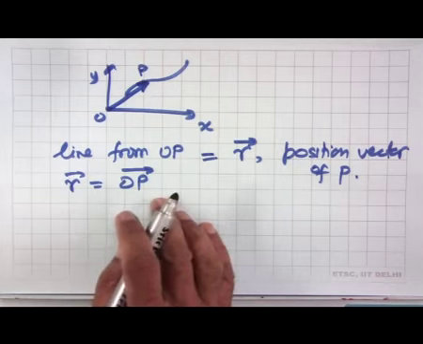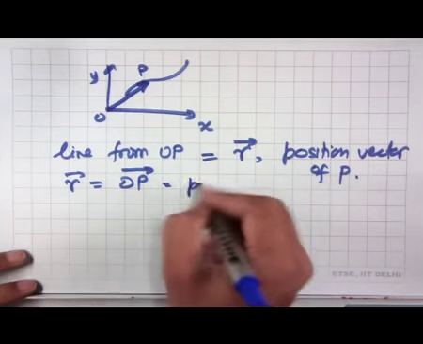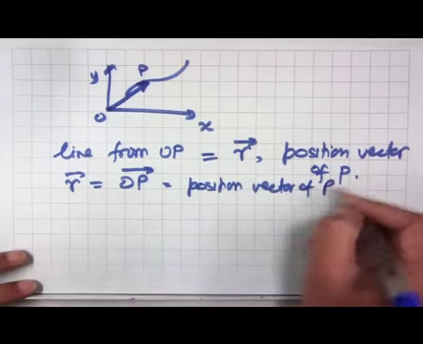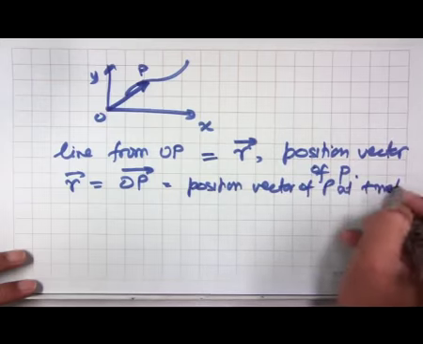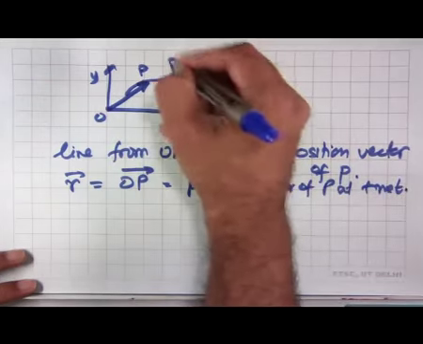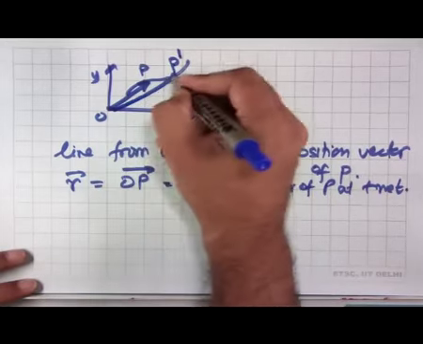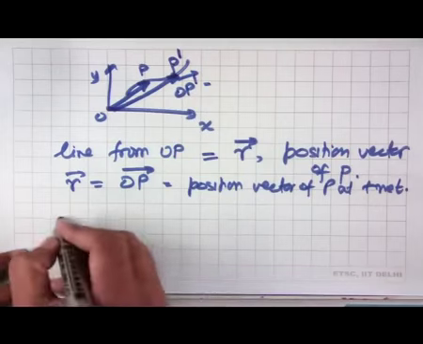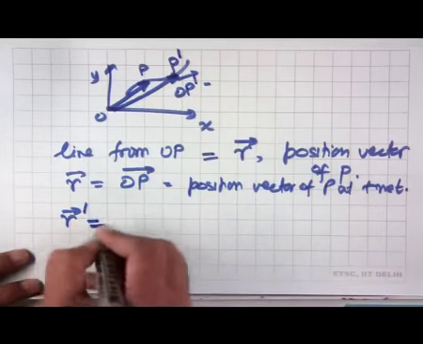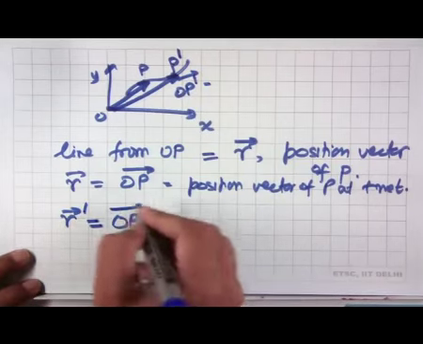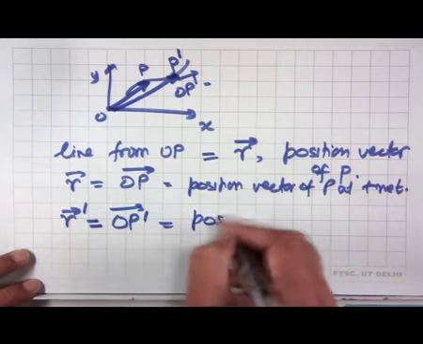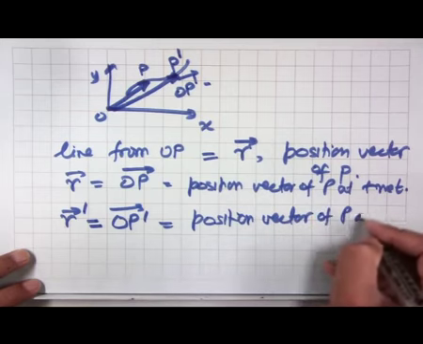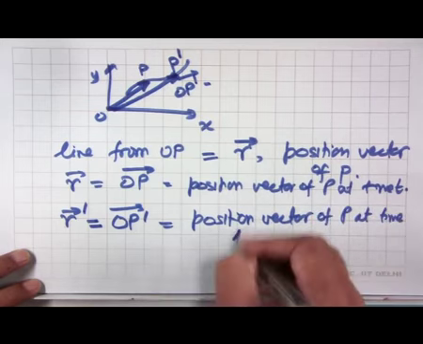This is the position vector of P at time t. Now, if this is P prime, I can draw a line from O to P prime, and this I can call the position vector R prime. This is OP prime, the position vector of P at time t prime.